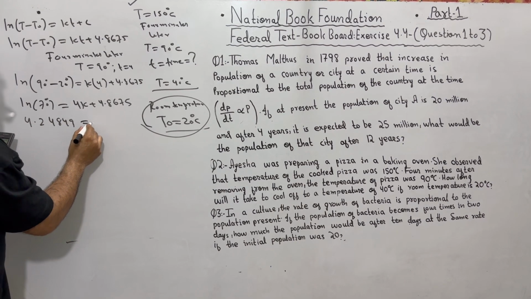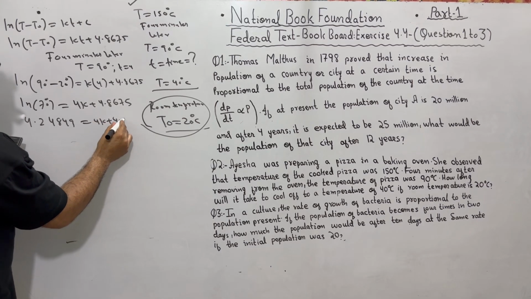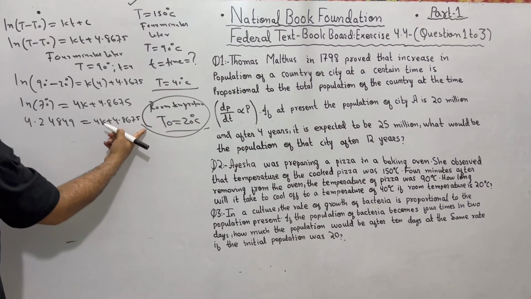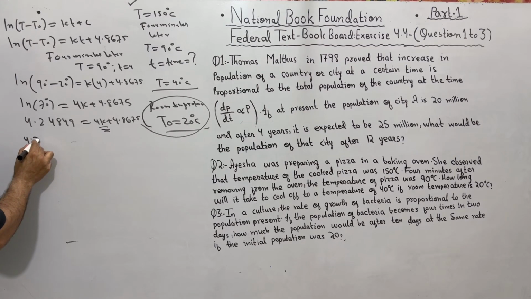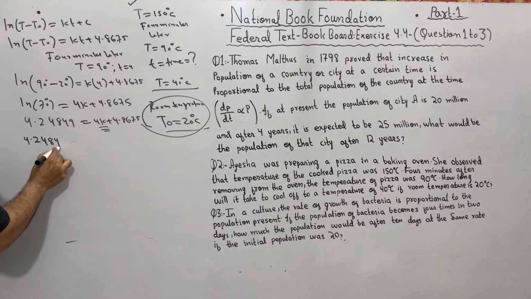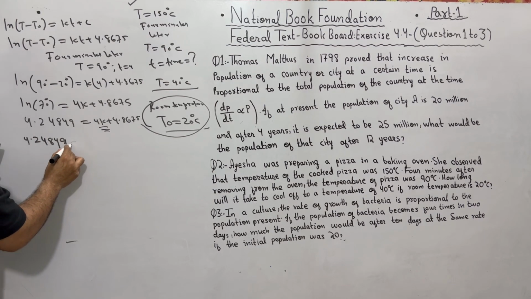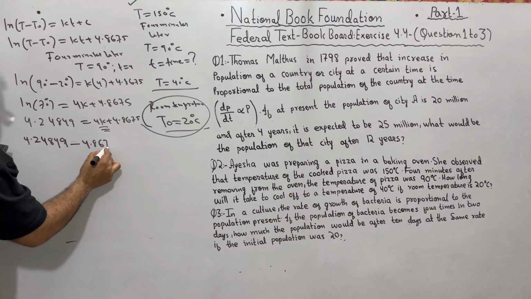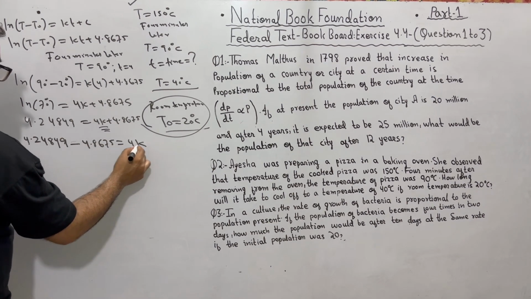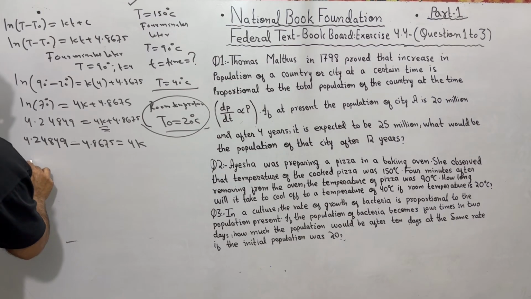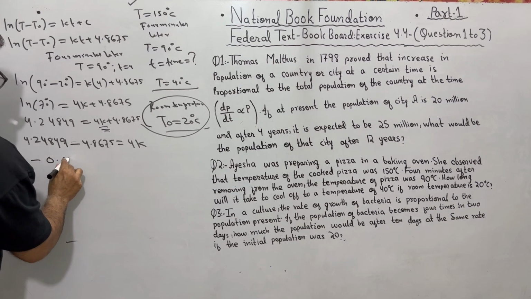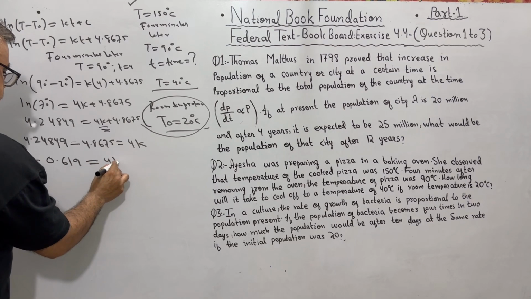Solve for k: 4.24849 minus 4.8675 is equal to 4k, which is negative 0.619 equals 4k.